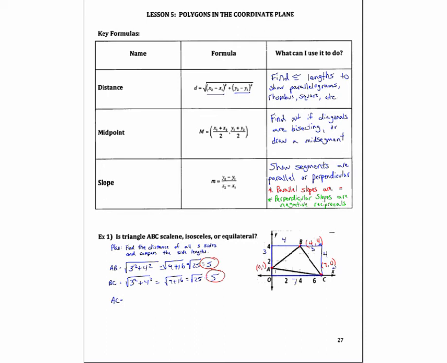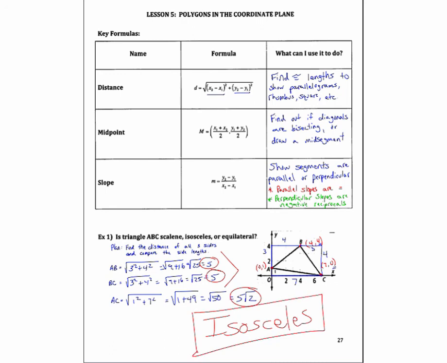So that means my total distance is going to be the square root of 1 squared plus 7 squared, which is equal to the square root of 1 plus 49, which is equal to the square root of 50, which we do need to reduce, would be 5 square root of 2. So these are my three side lengths, 5, 5, and 5 root 2. And since only two of the numbers are the same, these two right here, I can say that this is, without a doubt, an isosceles triangle.